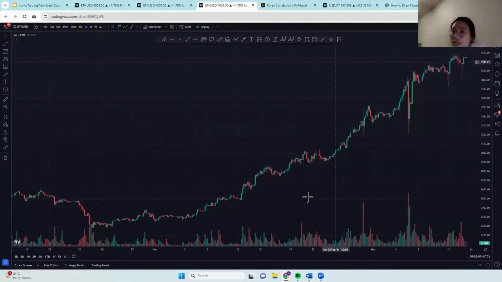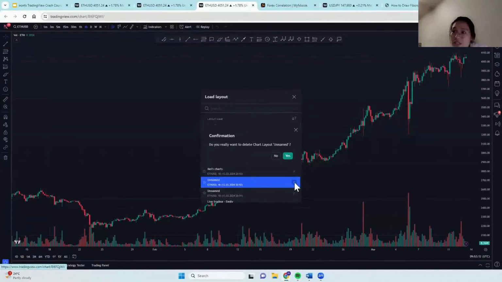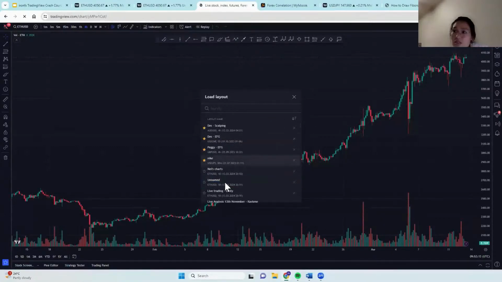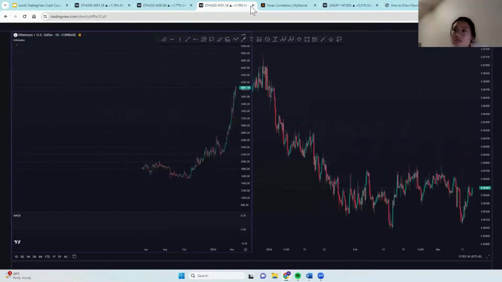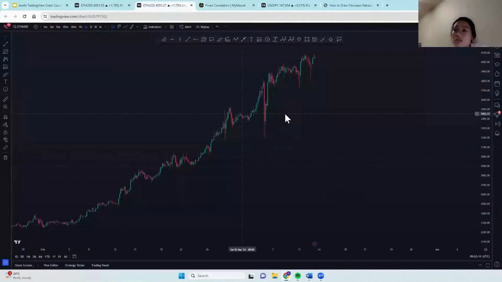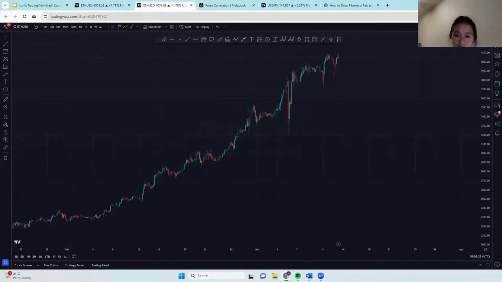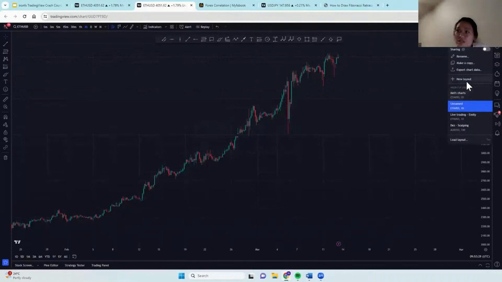And then load layouts, and then you can get rid of any layouts that you don't want. It's this arrow here, and then it's a new layout. When you click new layout, it'll open another tab and it'll be blank, but looking at the same asset.